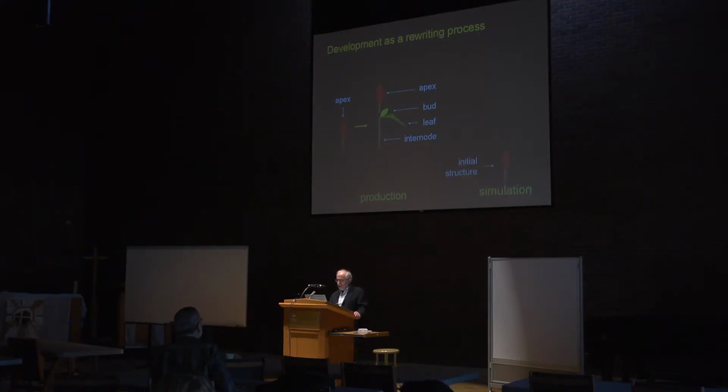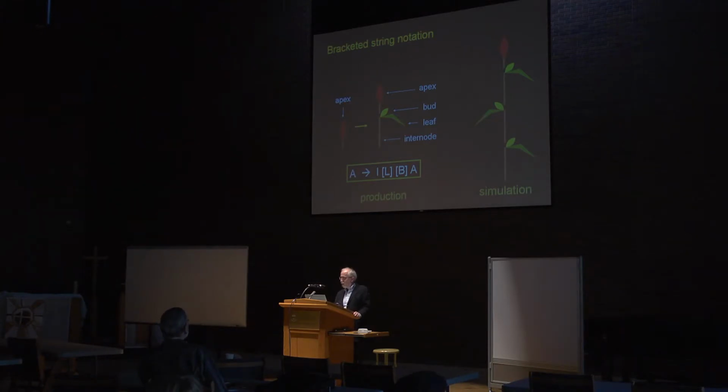If we start with an initial structure, a single apex, which would be in a very little seedling already present, then by applying this rule once, we get this structure, and applying the rule another time, we get this, and applying it another time, we get this situation. And we can capture this general principle of development using an L-system rule, which is shown here.